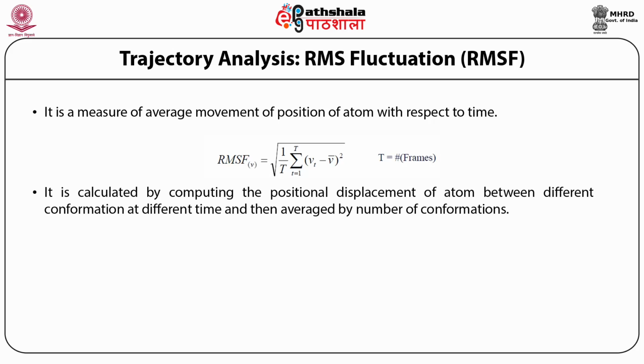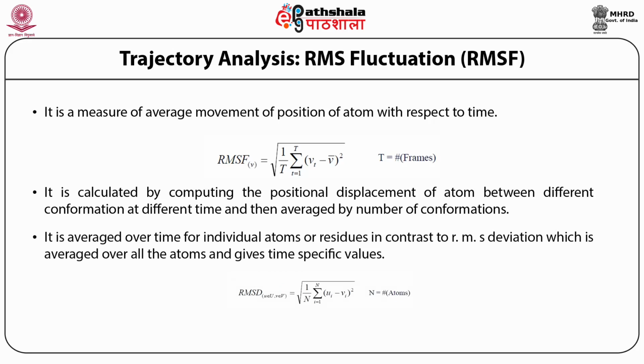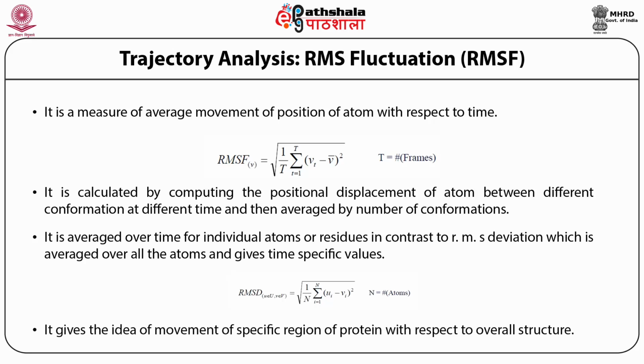This is calculated by computing the positional displacement of atoms between different conformations at different times and then averaging by the number of conformations. It is averaged over time for individual atoms or residues, in contrast to RMS deviation, which is averaged over all the atoms and gives time-specific values. It gives the idea of movement of a specific region of protein with respect to the overall structure.